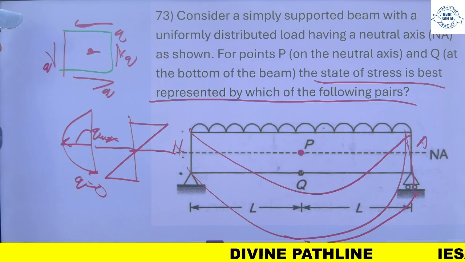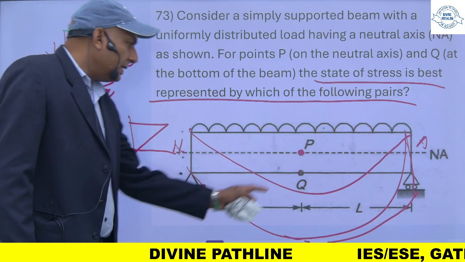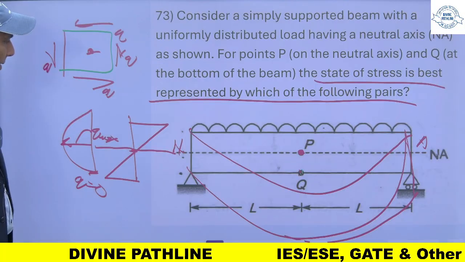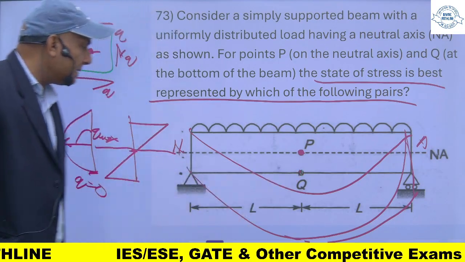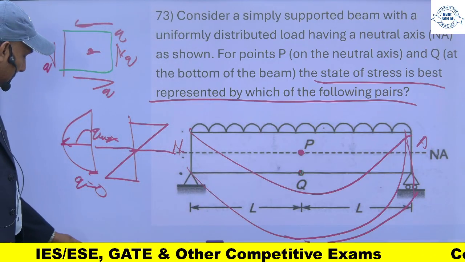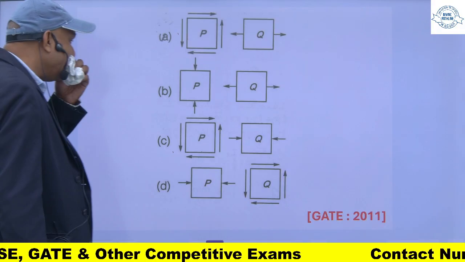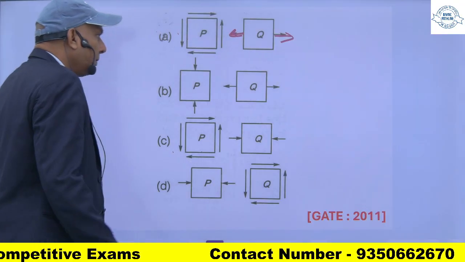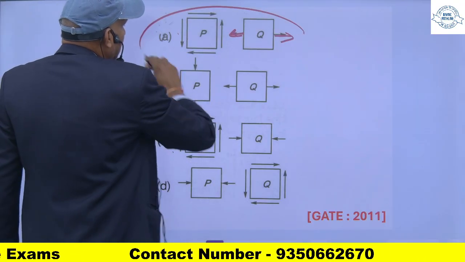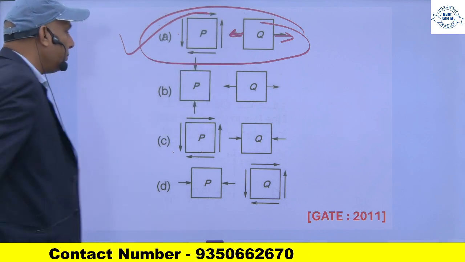It is not compressive. So at this Q, only direct tensile stress will act, and shear stress will be 0. This is the correct option.